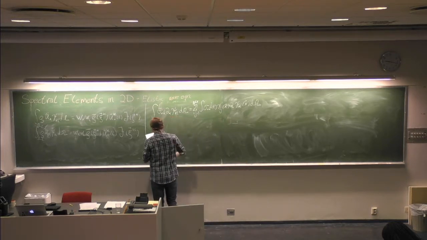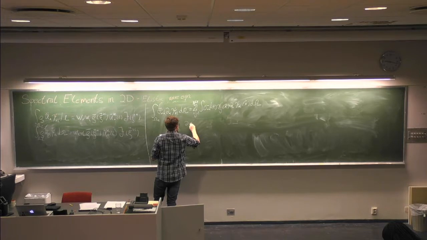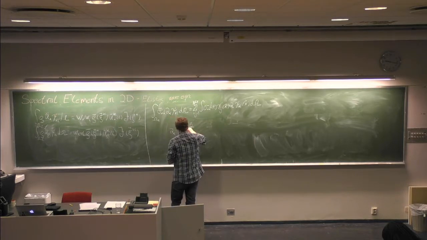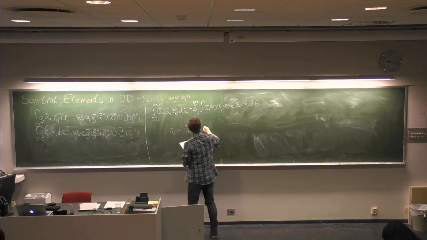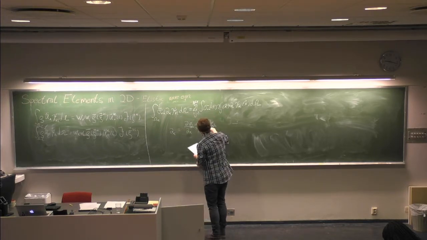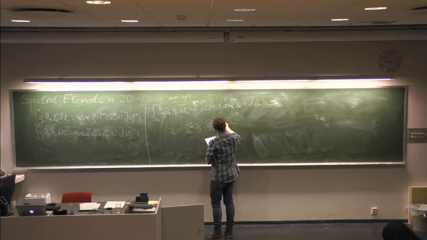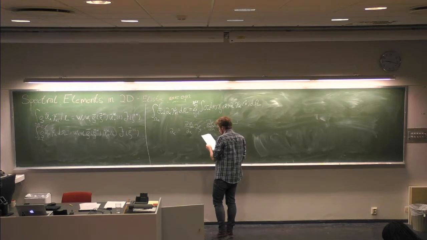For the chain rule, we get that this partial dx is 1, dx is 1, 2, dx, 2.